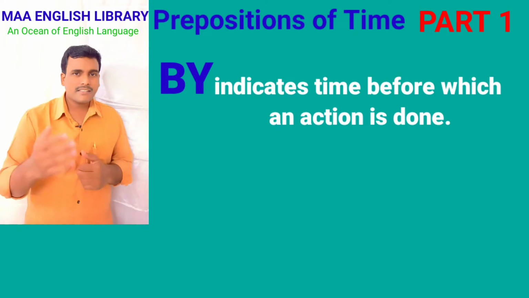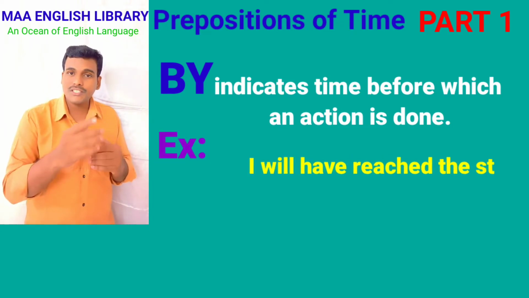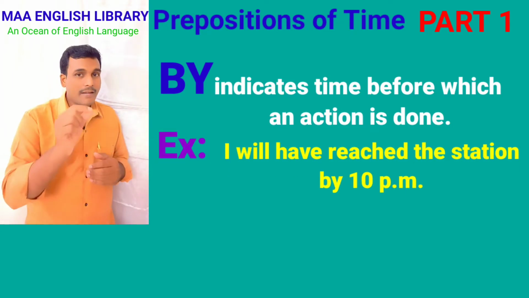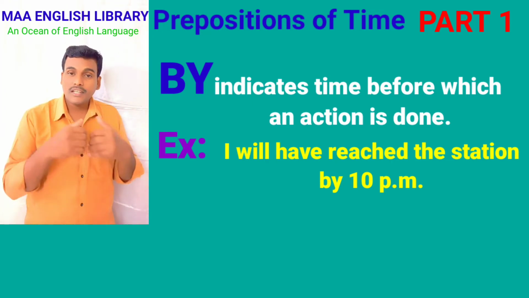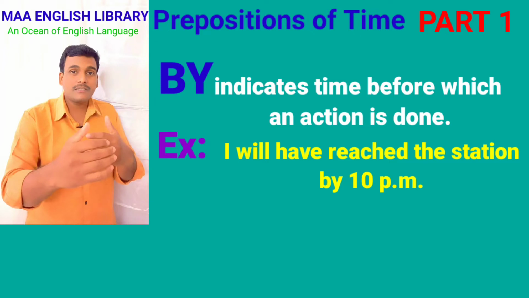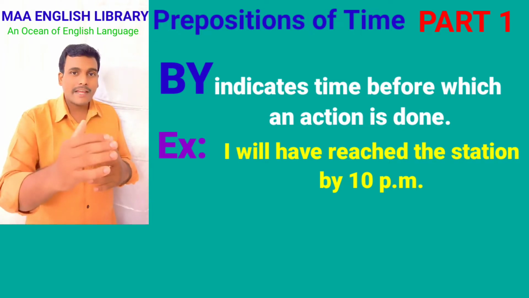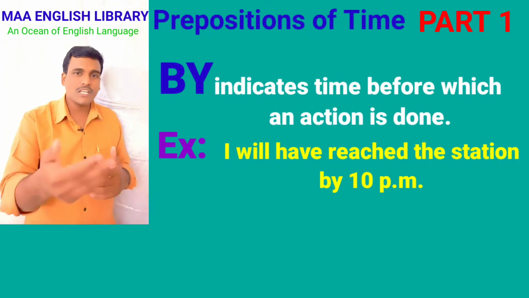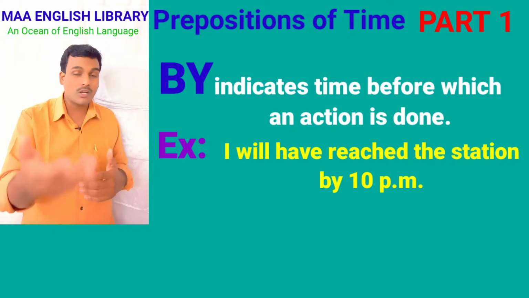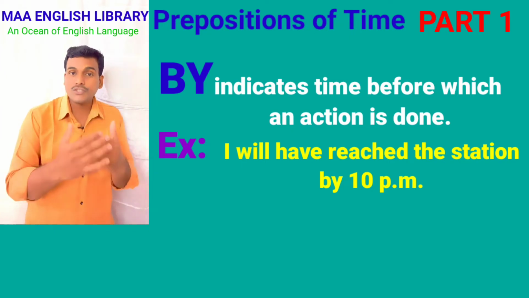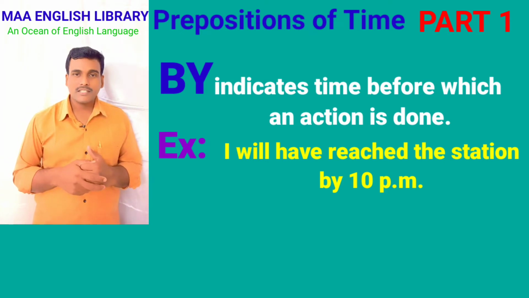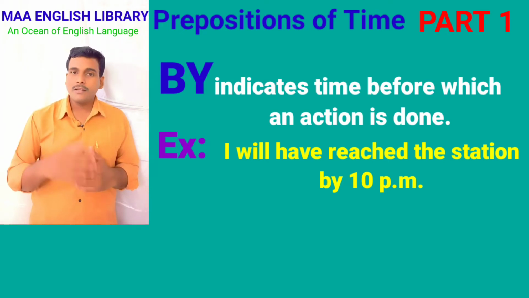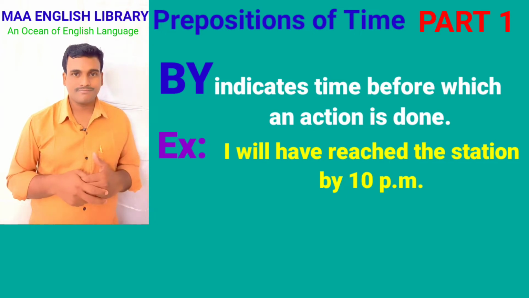And see an example, I will have reached the station by 10 p.m. Reaching is the action that happens before some time. That time may be any time, 10 o'clock or 8 o'clock or 6 o'clock, whatever the time. To indicate that kind of meaning, by is used, right?